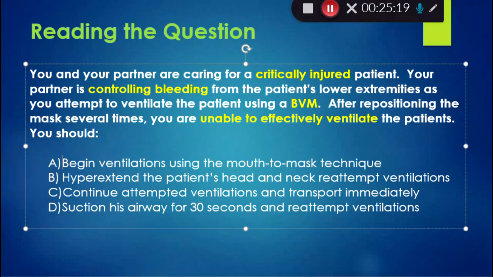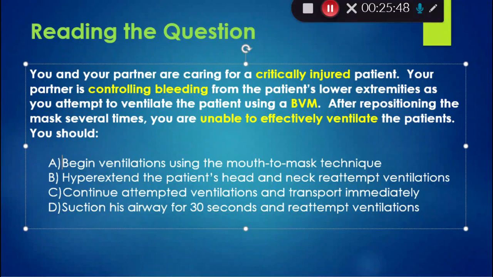Okay. So suction, depending on what's going on with my airway, suction might be a good option, but is 30 seconds correct? Have we ever talked about suctioning a patient for 30 seconds? The answer to that is no. So because it says 30 seconds, D is wrong.